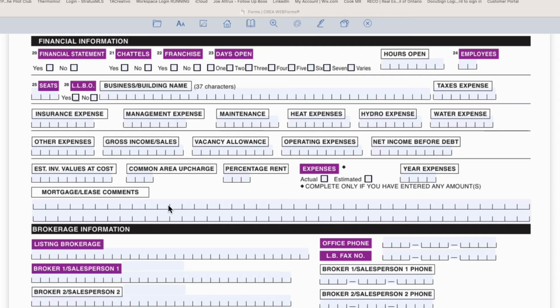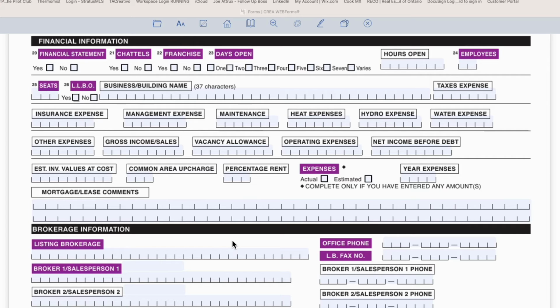Now, that's for sale of a business. This is just renting vacant space. Vacancy allowance, don't worry about it. Operating expenses, nope, net income, no. Before debt, nope. Estimated investment value at cost, nope, common area upcharge, nope, percentage rent, nope.